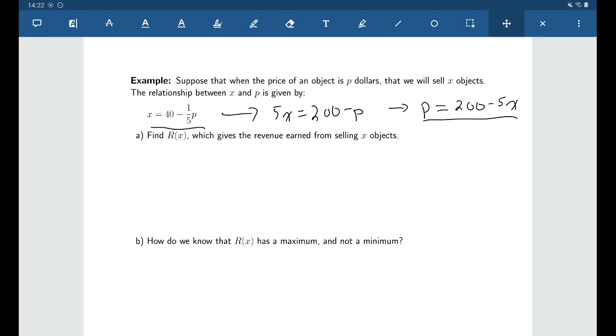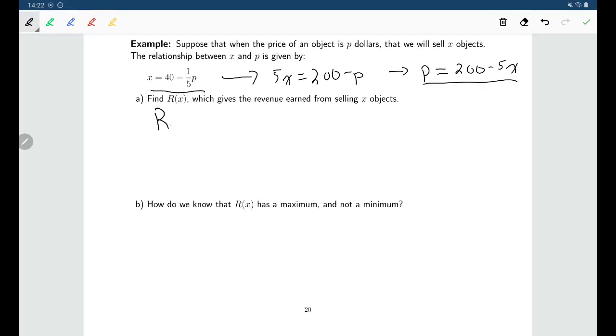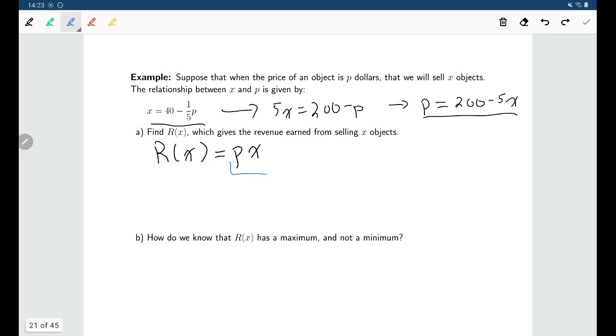Okay, so the first thing that we want is our revenue equation, R of X, and our revenue equation is just the price that we're selling things at multiplied by the number of things that we're selling. And this is where we need to remind ourselves that if we want it to be R of X, revenue as a function of X, then we want only one variable. And here I have two: P, the price, and X, the number of objects.